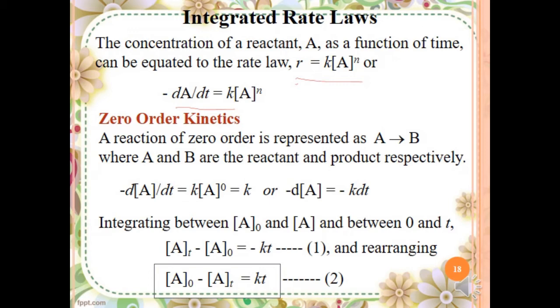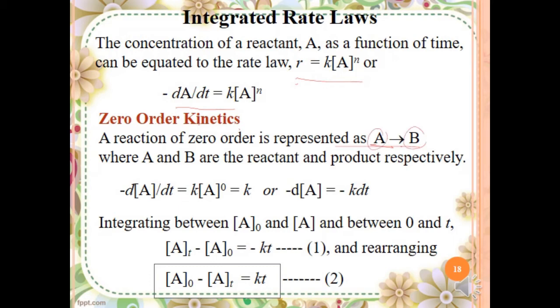So let us move on to zero order kinetics. If you remember, the definition of zero order kinetics is that the rate is independent of concentration. Let's say we represent a zero order reaction as A producing B, where A is the reactant and B is the product.